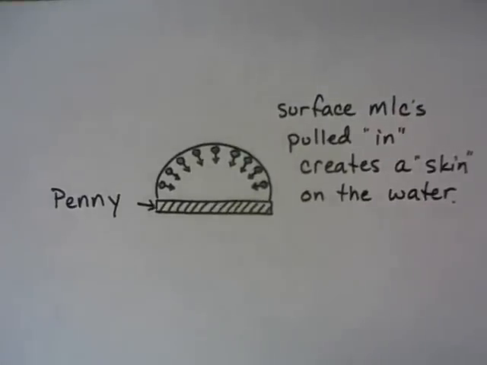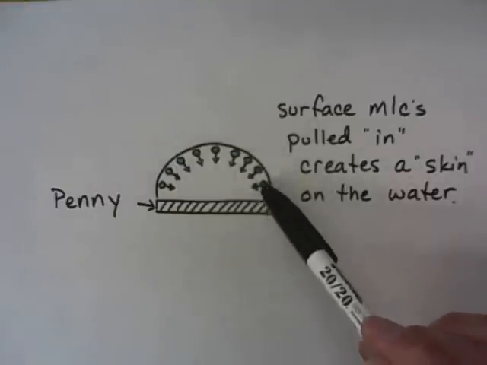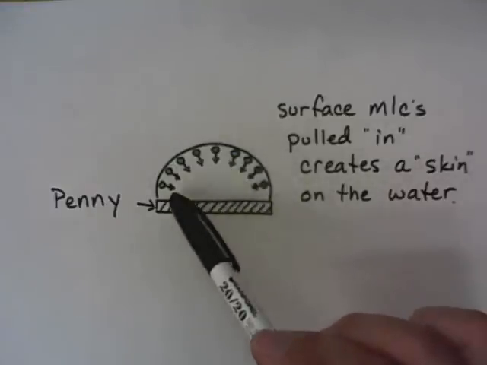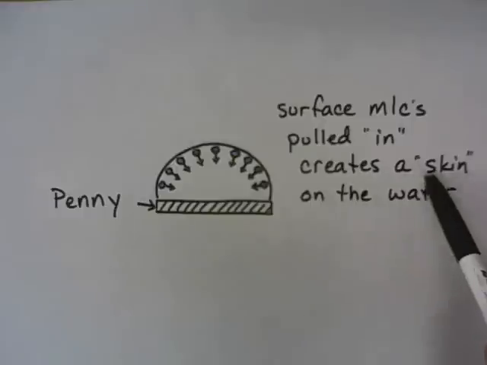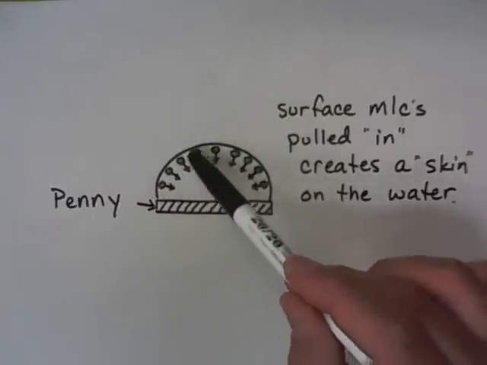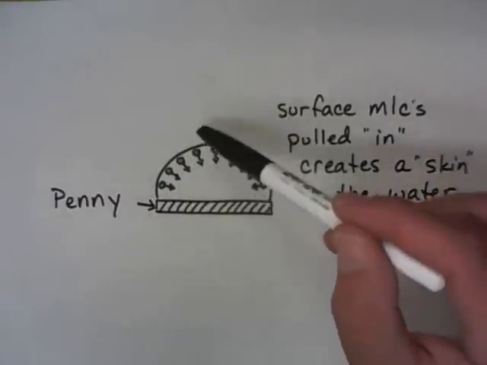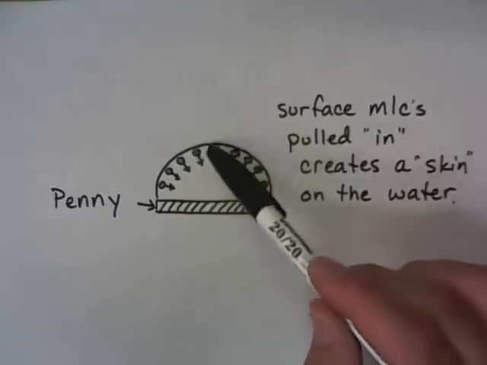Now, what that's going to do for us is, if all of these surface molecules are being pulled down into the bubble, it creates a type of skin on the water. The water molecules here are being pulled in and they don't want to separate from each other.